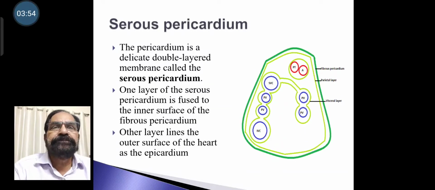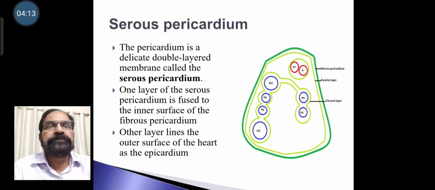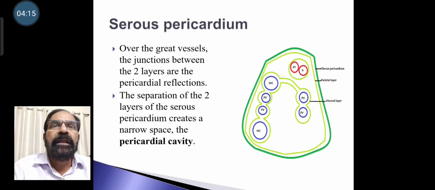Serous pericardium. The pericardium is a delicate double-layered membrane called serous pericardium. One layer of the serous pericardium is fused to the inner surface of fibrous pericardium. The other layer lines the outer surface of the heart as epicardium. Over the great vessels, the junction between two layers are the pericardial reflections.